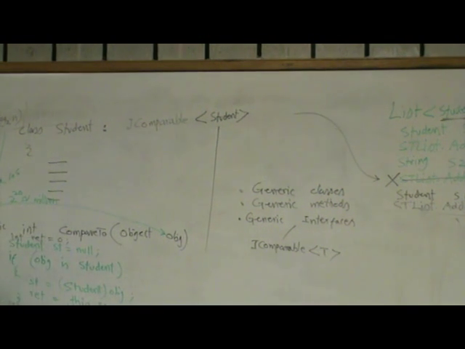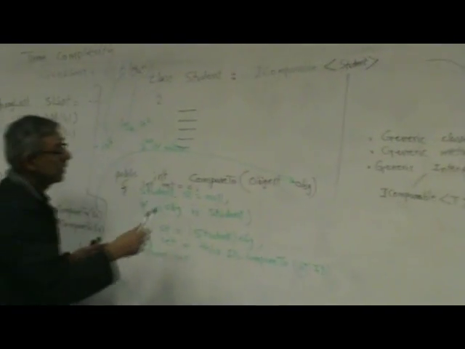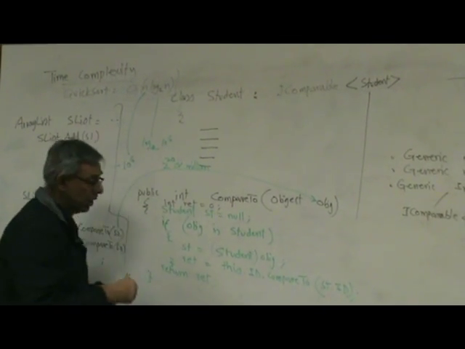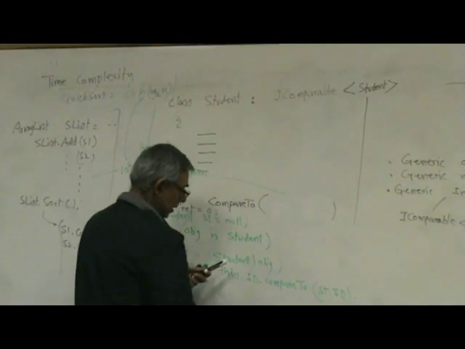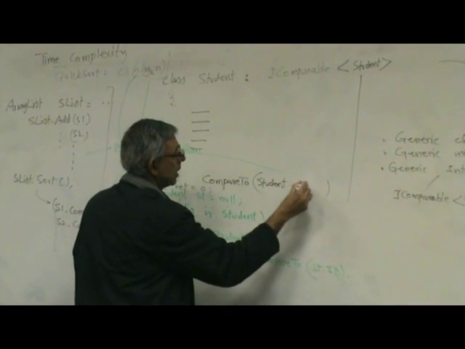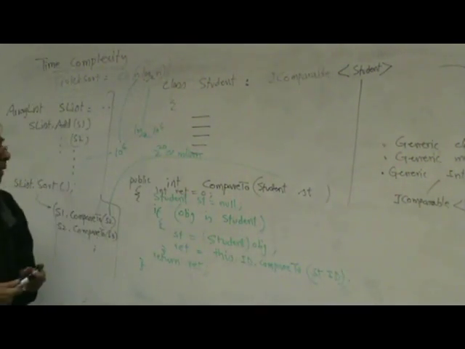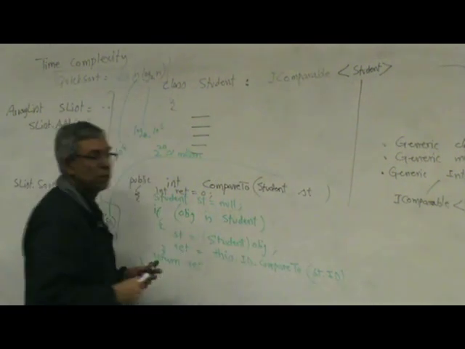Since we are implementing generic IComparable, as soon as you right-click on it, go to Quick Actions, Implement Interface, what you will notice is it writes public int CompareTo, but instead of giving you object obj now, it will give you something like Student st. It may call this something else, but it doesn't matter, this will be of type Student, right?